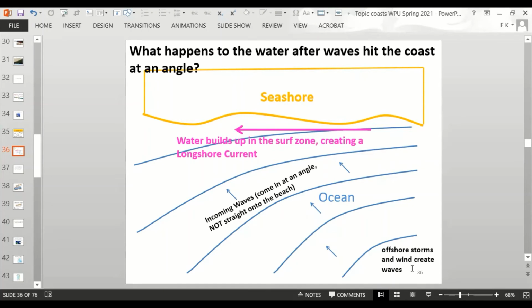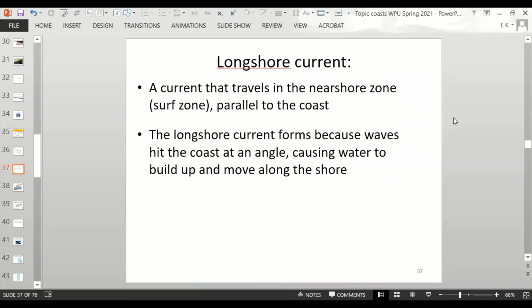In this case, because the angle is in that direction, the current is going to form in that direction. So that's your longshore current. And it travels in the nearshore zone around the surf zone, and it is parallel to the coast. The longshore current forms because waves hit the coast at an angle, causing water to build up and move along the shore.